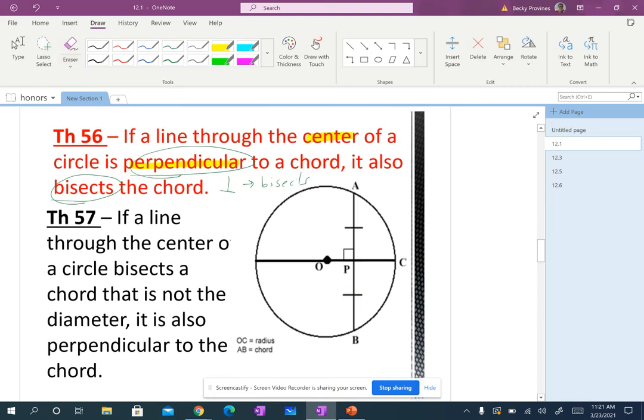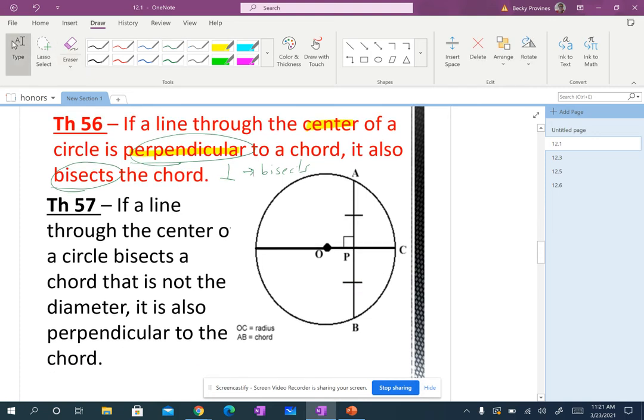Theorem 57 says if a line through the center of the circle bisects a chord, and it's not the diameter, then it is also perpendicular to the chord. Okay, so this is like the converse of it. So they're saying if this bisects, then it has to be perpendicular.